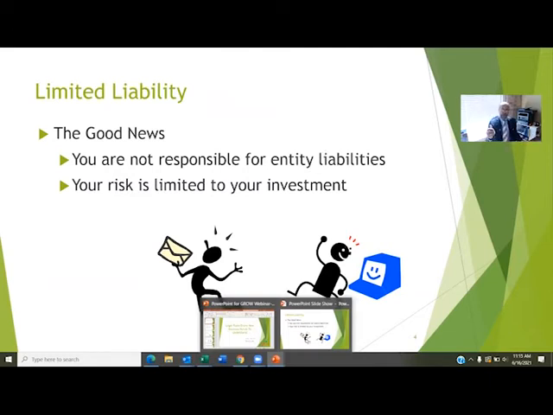So for example, you have a storefront, someone slips and falls in the wintertime walking into your business, they sue your business if you're an LLC, and you don't have to worry about your house or anything like that. But your business insurance, everything associated with the business, could be at risk in the event that something like that were to happen. But it does protect you and your personal assets.